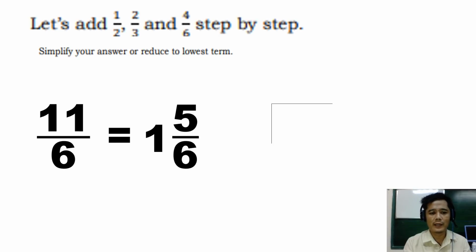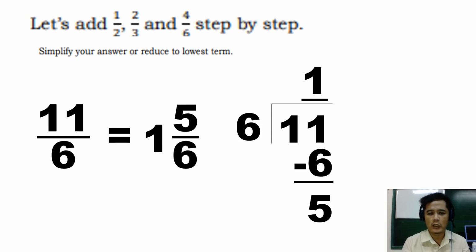So, paano siya naging mixed fraction? So, i-divide lang po natin ang 11 kay 6. 11 divided by 6 equals 1. Then 1 times 6 equals 6. Tapos 11 minus 6 is equal to 5.